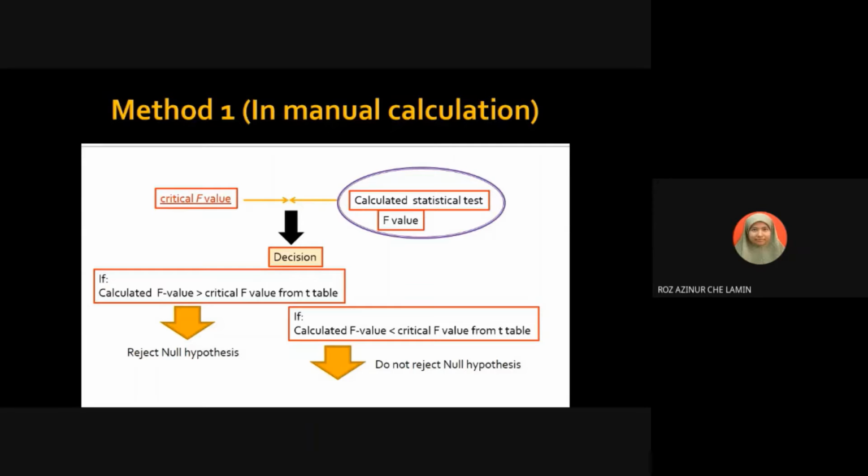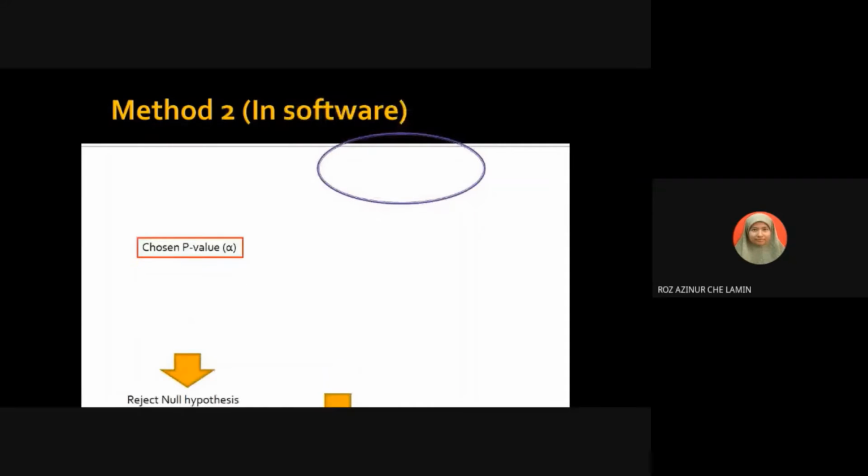When you reject the null hypothesis that the means are the same, that means the means are not the same. There are differences between the means. If the F value is lower than the critical F value, do not reject the null hypothesis.